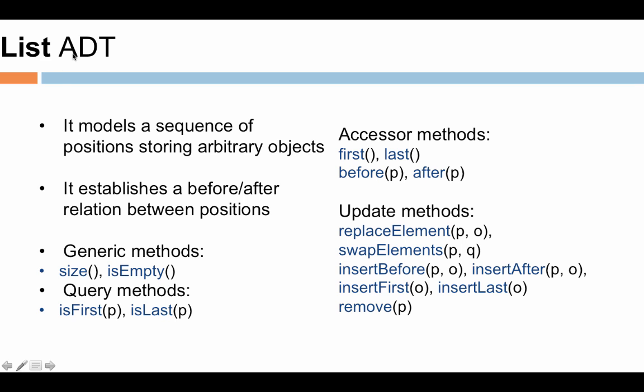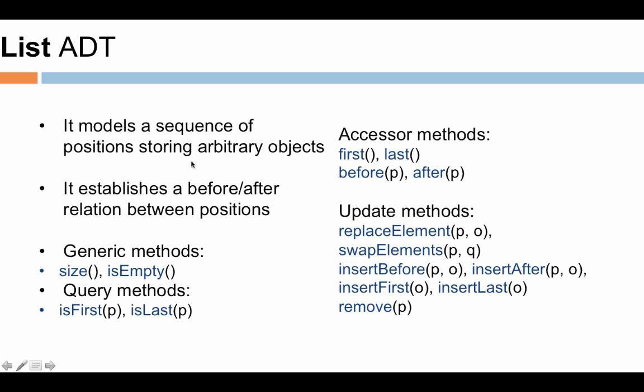What does the list abstract data type do? It models a sequence of locations which store arbitrary objects. When I mean arbitrary objects, let us assume that these are objects of a particular basic data type. So for example, let us assume it models a sequence of positions storing integers. Then it becomes a list of integers. Now, the most important thing is that the list data type is a sequence of positions storing arbitrary objects.